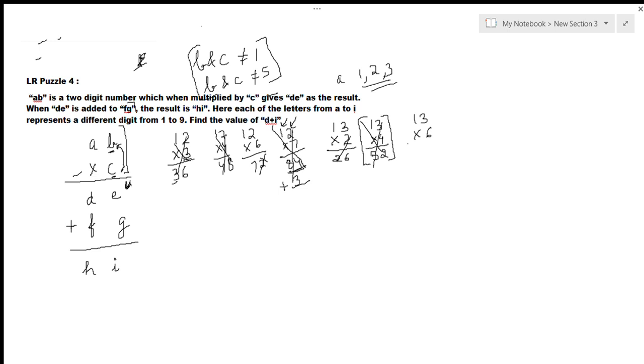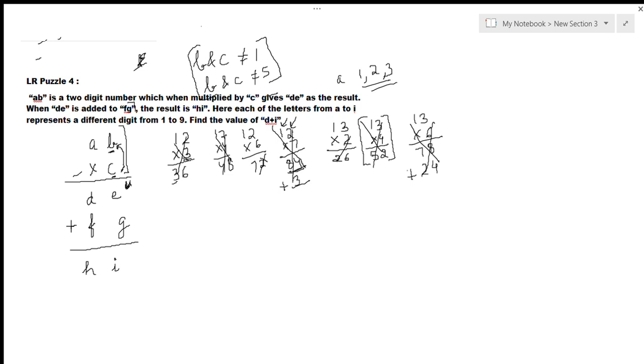13 into 6 again is a very big number, 78, but still we'll check. The smallest number that I can add here is 20 something. See, it already seems to be going towards a 3-digit number, because if I add the smallest possible number, 24, it is still a 3-digit number. So the result will be a 3-digit number. Eliminated.